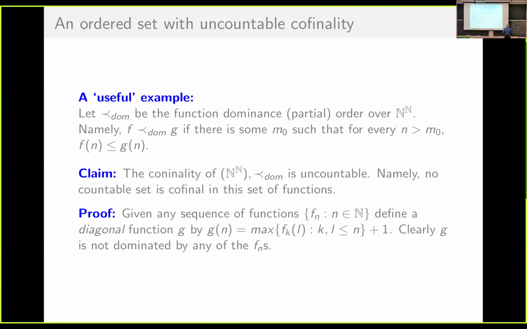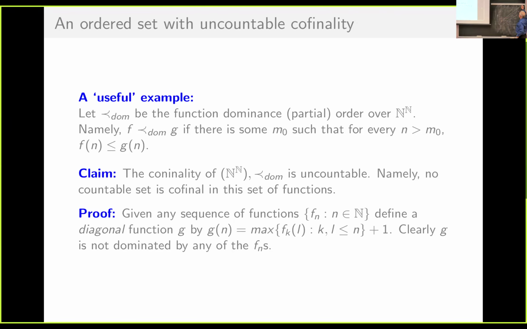So what will happen is that this g dominates each of my functions, because you see, if I have here my countable collection, say f1, and f2, and f3, and so on, g just says, okay, at the beginning, I need to go above f1. At this point, I have to go above f1 and f2. At this point, I have to go above f1 and f2 and f3.